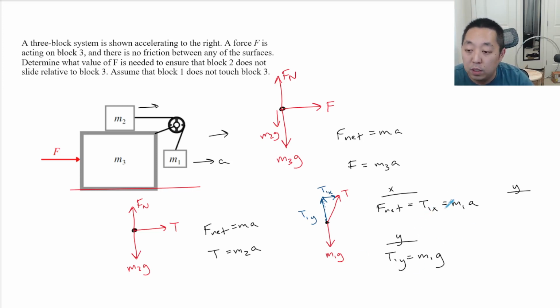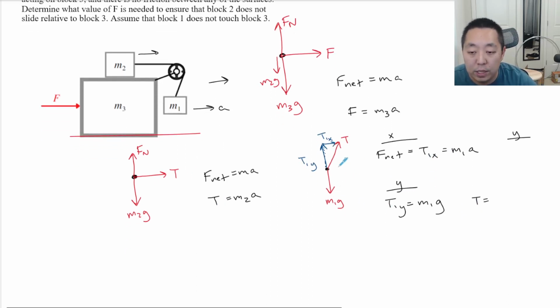So how do we connect tension to T1x and T1y? The total tension is equal to the square root of T1x squared plus T1y squared, by the Pythagorean theorem.